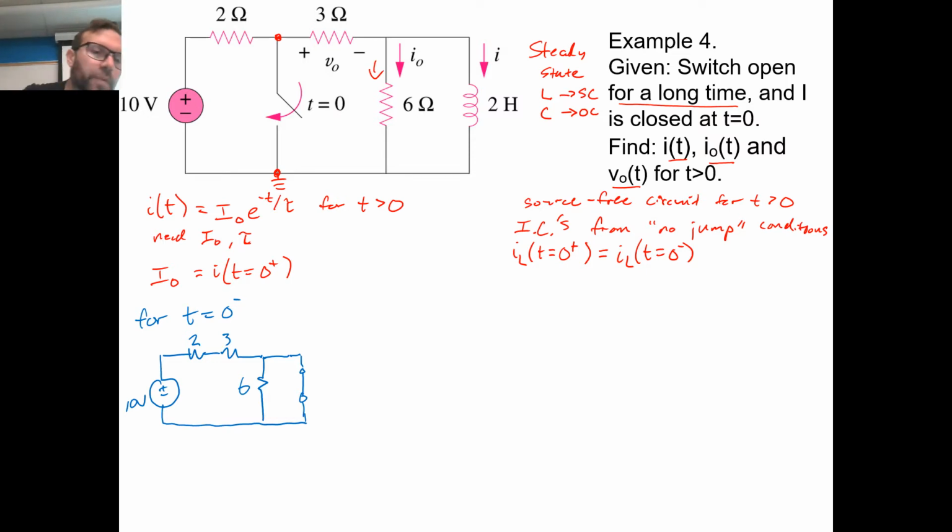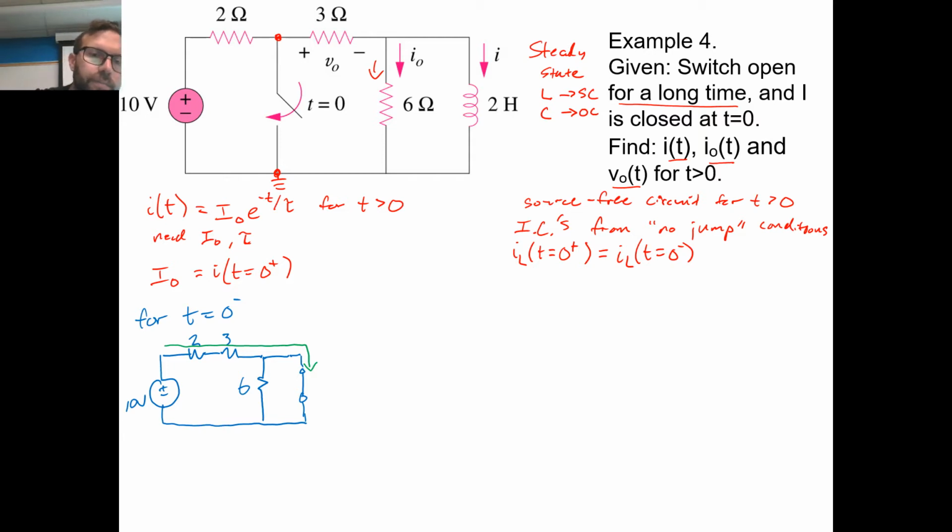And so what we can find is IL, because basically all the current is flowing through that shorted inductor.